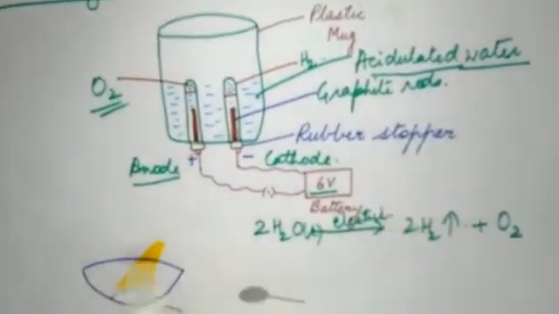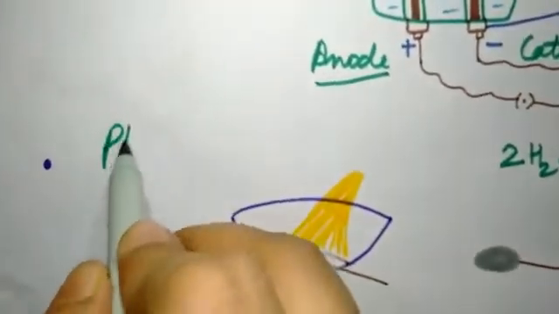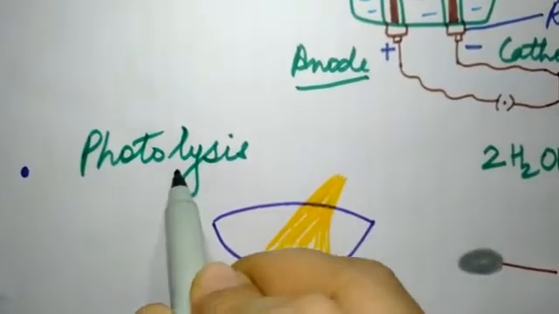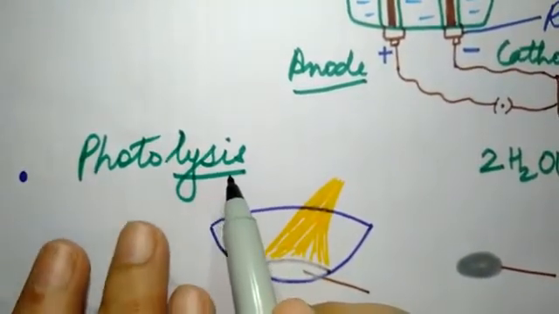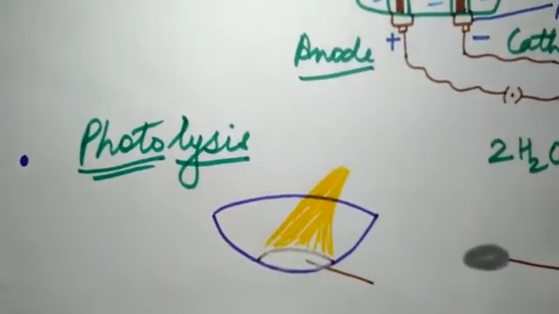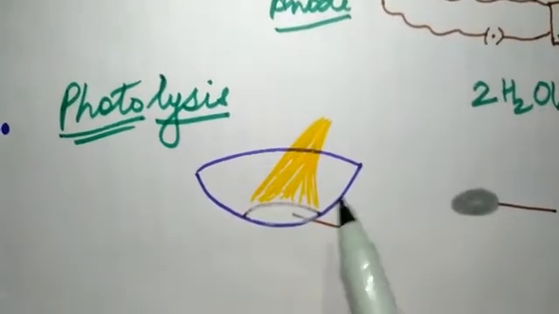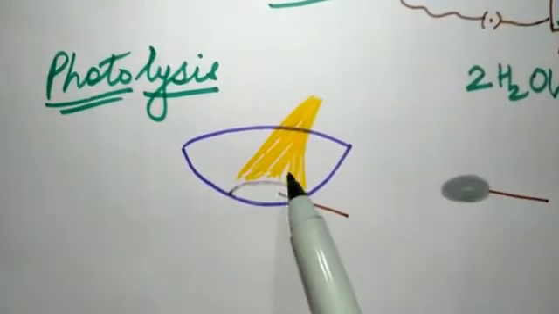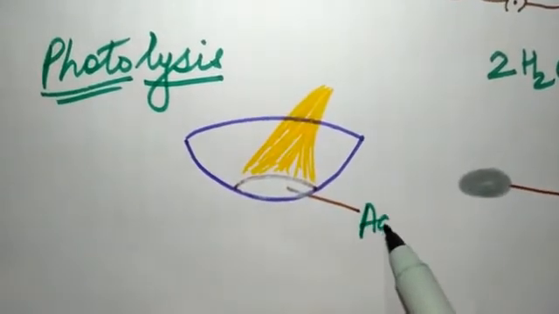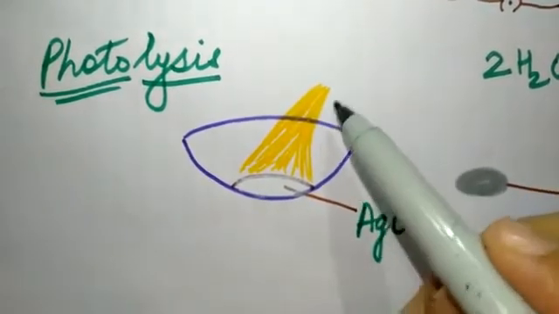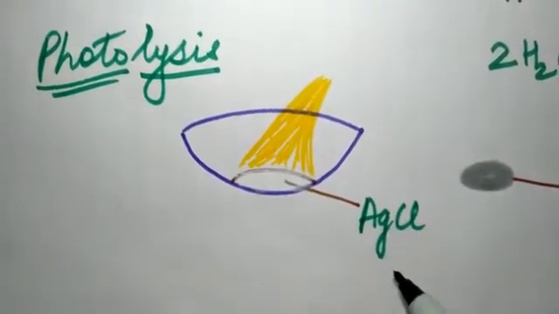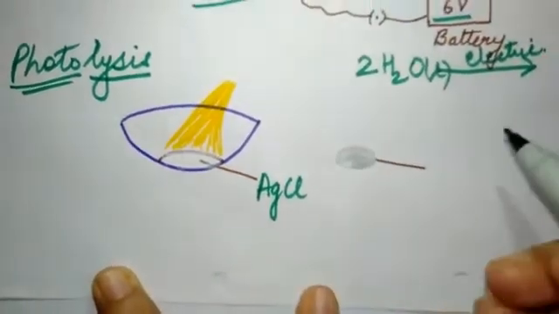Now we come to the next one. The third type of decomposition reaction is photolysis. Photo means light and lysis means breaking. So breaking of a complex compound into its products because of sunlight is known as photolysis. Here we take a china dish in which we have taken a white powder of AgCl, silver chloride, and if we keep it in the presence of sunlight, the sunlight will decompose this AgCl into silver and chlorine.